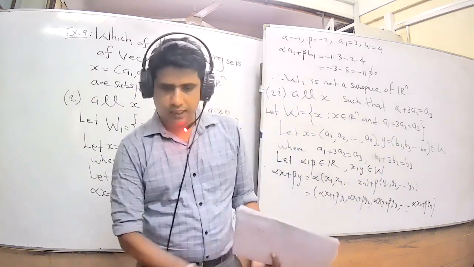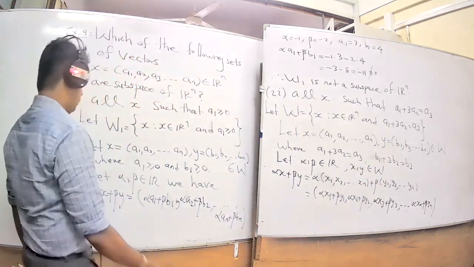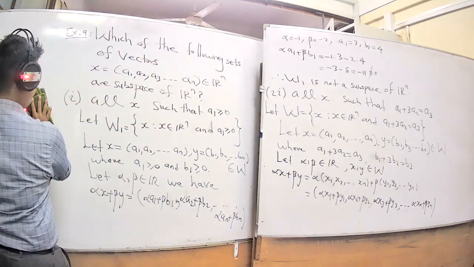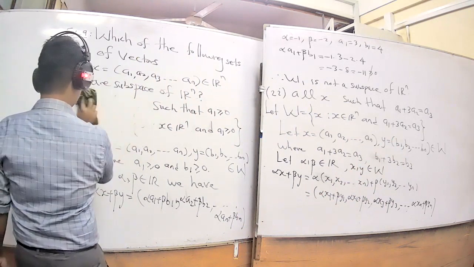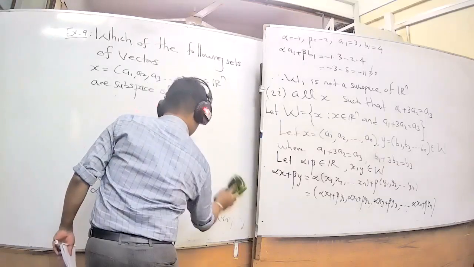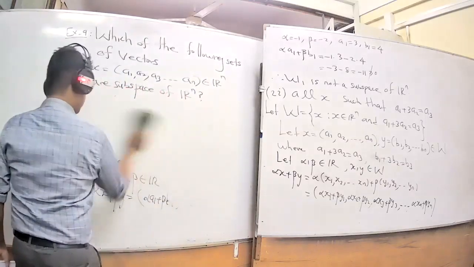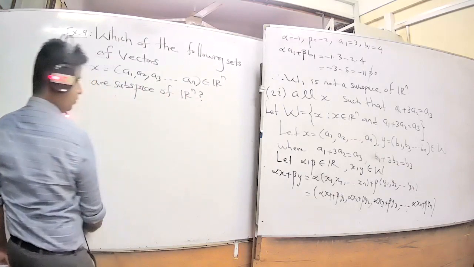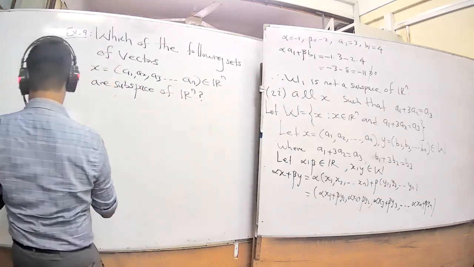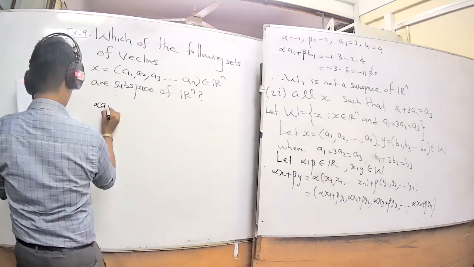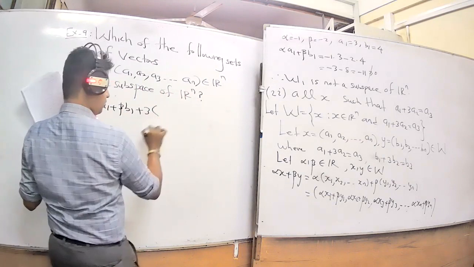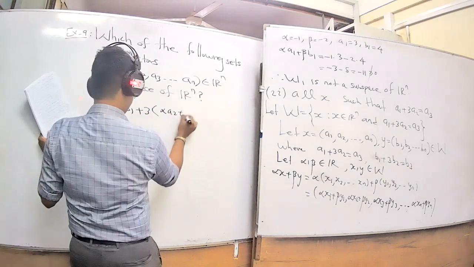Okay, let's check that one. Alpha a1, beta b1, plus 3 times alpha a2, beta b2.